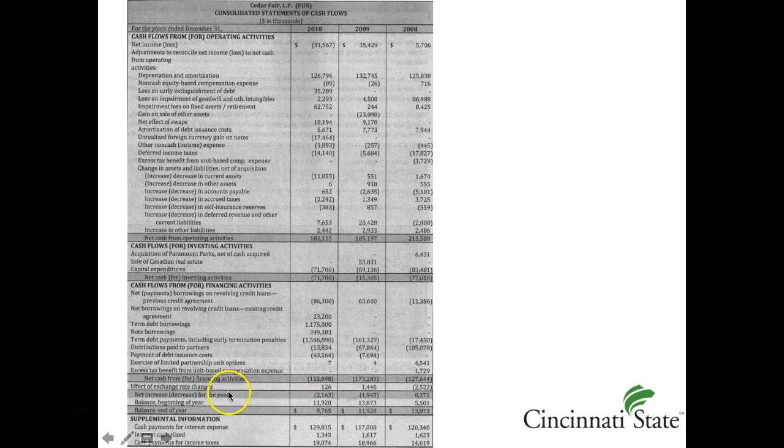Cedar Fair had a net decrease of $2,163,000, which means that their cash decreased from the beginning to the end of 2010. We have a reconciliation section where the beginning balance plus or minus the change would equal the ending cash balance, and this can be tied to the cash balance that appears on the balance sheet.